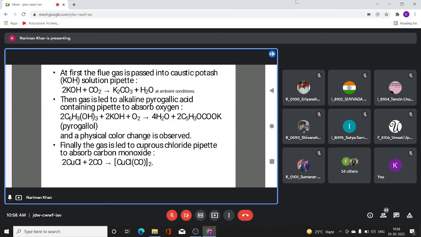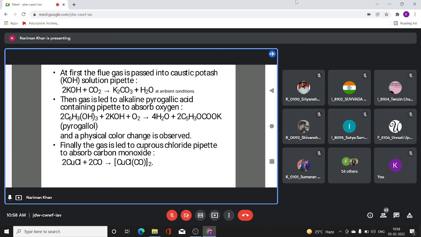Alkaline pyrogallic acid will absorb oxygen and form the potassium salt of pyrogallic acid. Initially the pyrogallic acid is generally colorless, but its color changes after the absorption of oxygen due to oxidation.